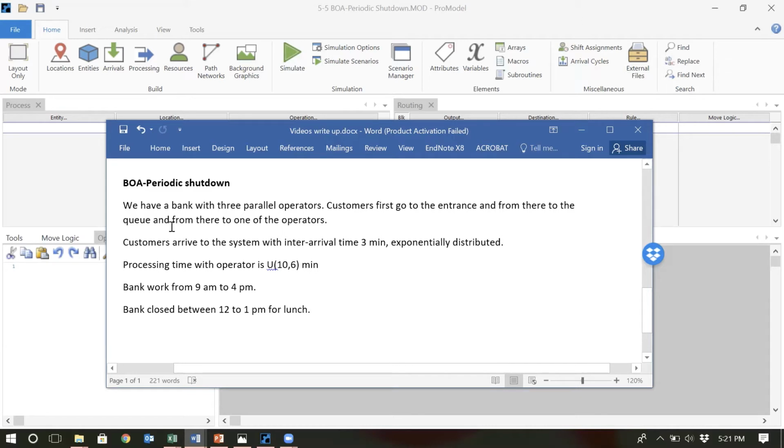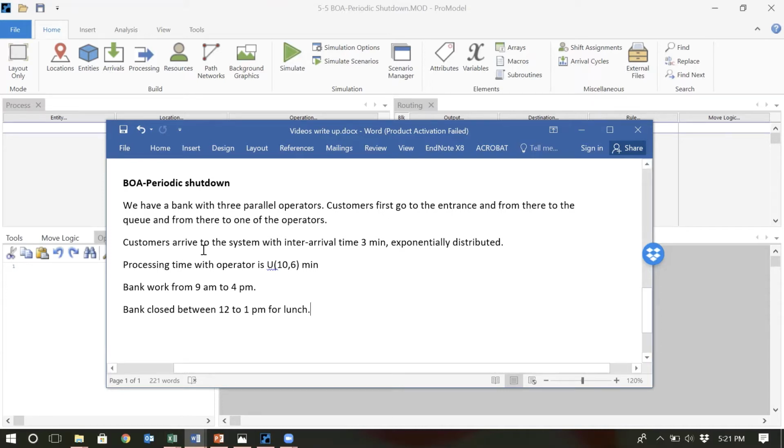We have a bank with 3 parallel operators. Customers first go to the entrance. That's our first location. And from there, they go to the queue. Then from there, they go to any one of these 3 parallel operators, and then they leave the system.